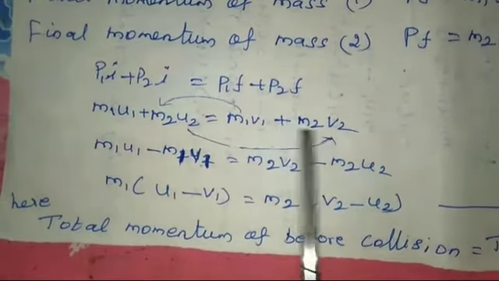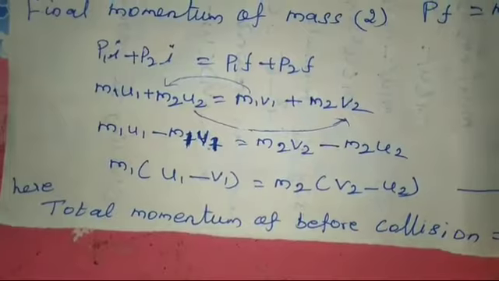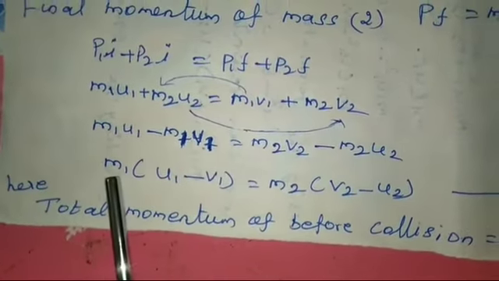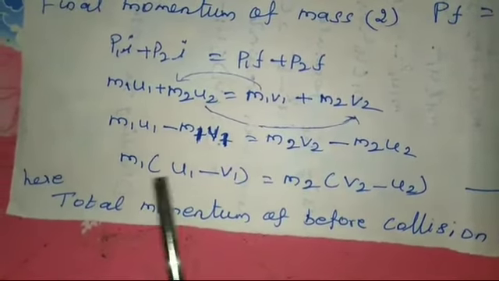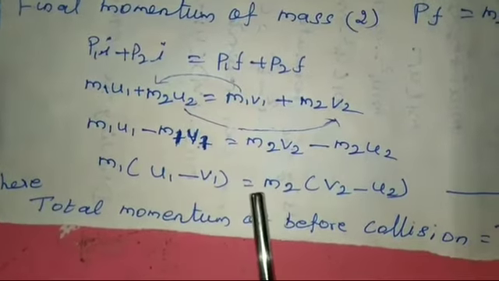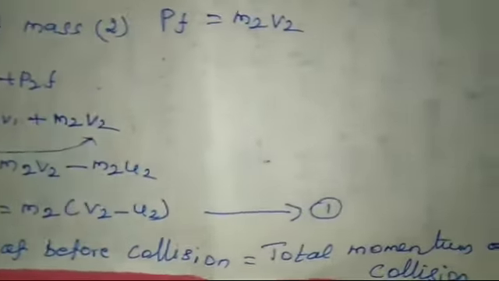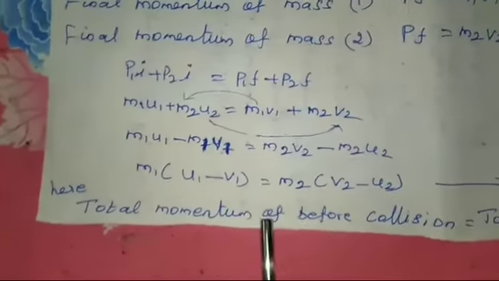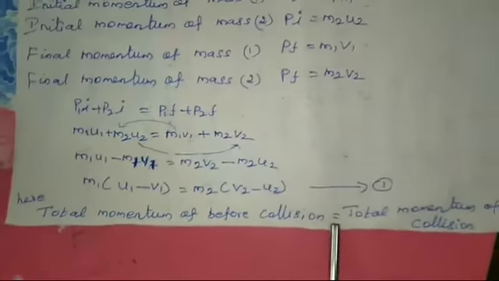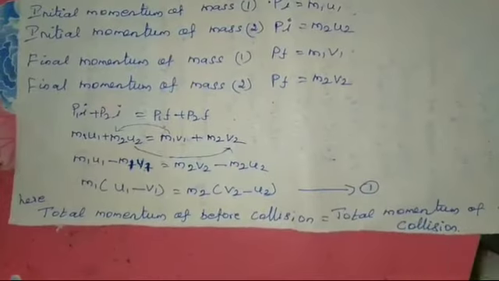This m2 u2 coming this side, minus m2 u2. Okay, so commonly we take m1 out, so m1 into u1 minus v1 is equal to m2 into v2 minus u2. This is the first equation. Here total momentum before collision is equal to total momentum after collision.